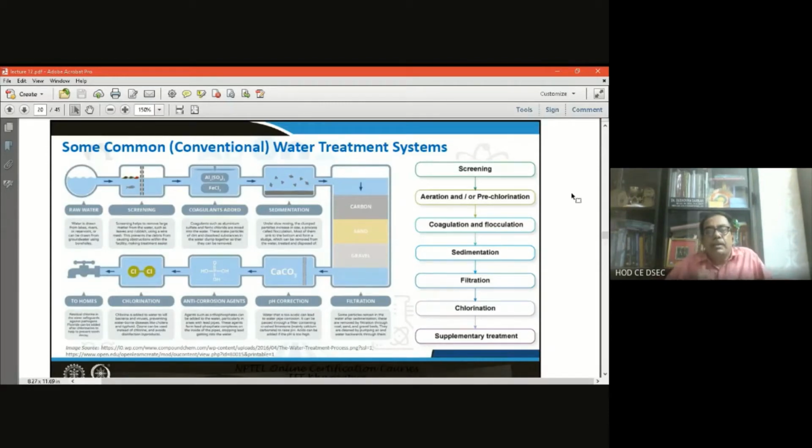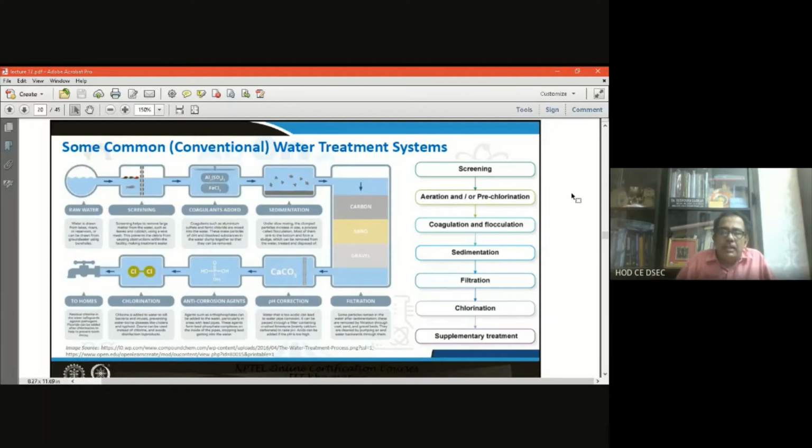So in a nutshell, first is the cleaning, then the aeration and pre-chlorination. It depends on whether the water source is surface, subsurface or groundwater. Aeration is done basically to remove the foul gases.